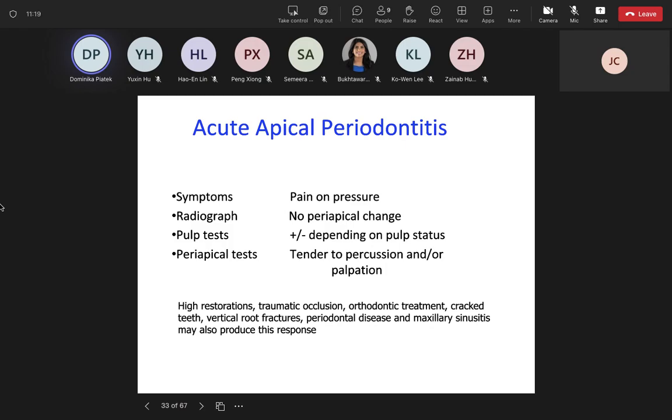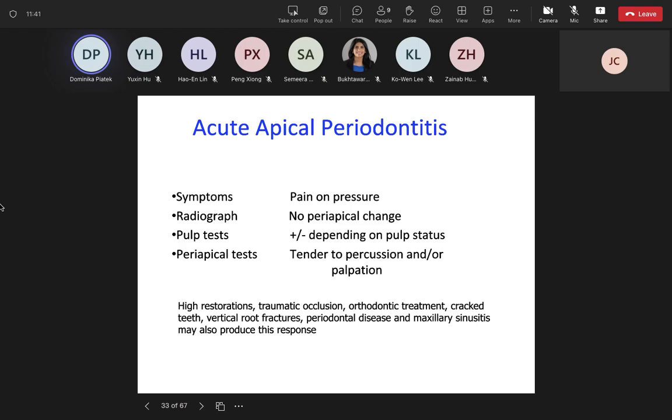If the patient has traumatic occlusion, so if there are some teeth which are in traumatic contact with other teeth, then the patient can of course report that sensation.